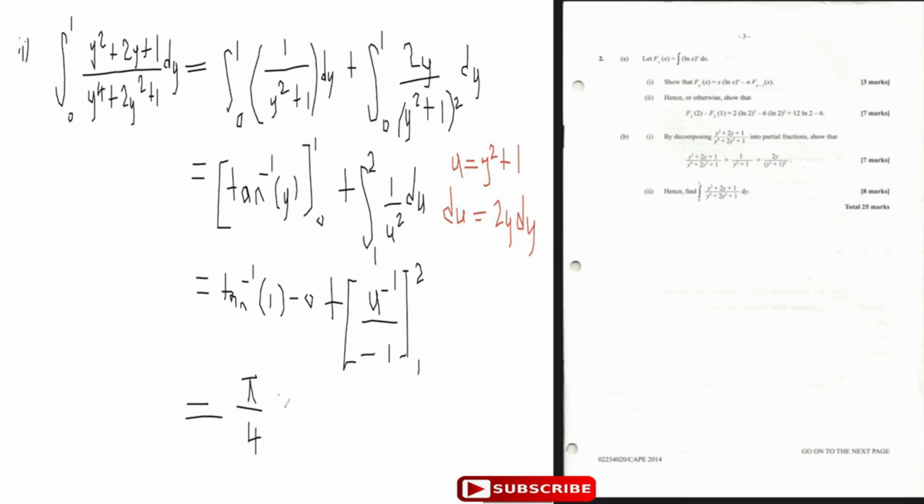Plus, we put in 2 and 1 now. When we put in 2, we have 2 to the minus 1 divided by minus 1, which is minus a half.